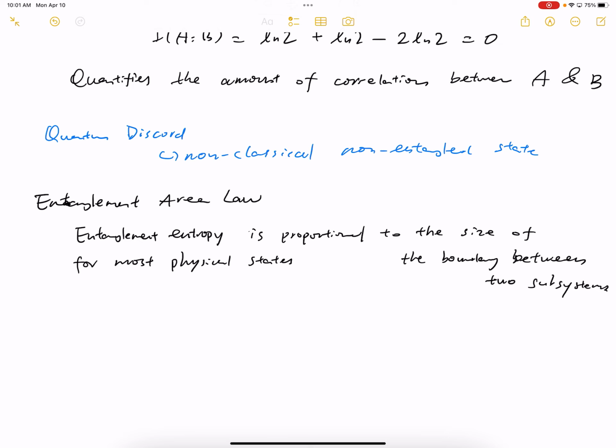Question, Connor? I guess I'm just a little confused about what even defines the boundary between subsystems. What makes how you decide what a subsystem is? Oh, the boundary. For example, here's a picture I drew in my lecture notes. We have a very nice square lattice, so then we can call this system X, and the boundary here is basically just given by that, the size of the boundary.